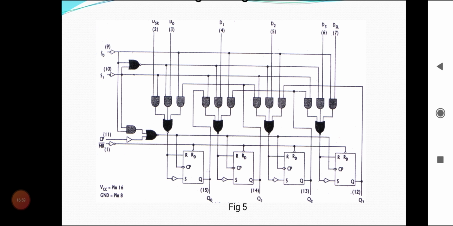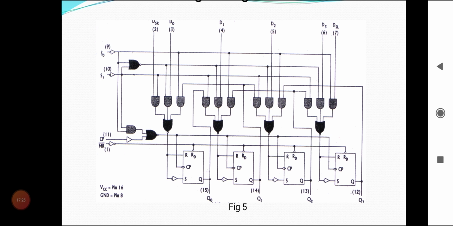The S1 and S0 through the NOR gate are connected to the middle AND gates. The first flip-flop's AND gate receives the serial right shift input, shift right.